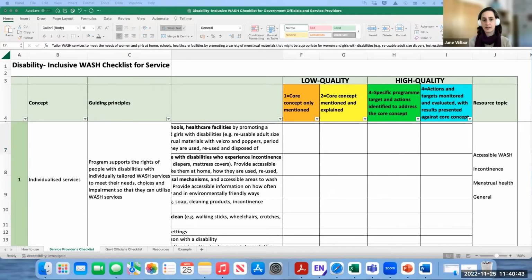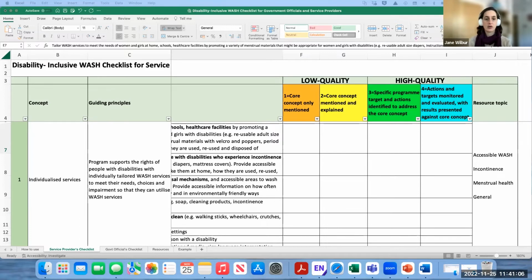Now, any references that are scored 1 to 2 are low quality, and that's because they do not include specific activities or monitor mechanisms. And that means it's unlikely that efforts will result in disability inclusion. So you want to work towards achieving high quality scores.